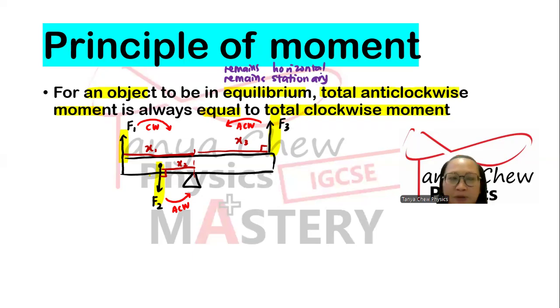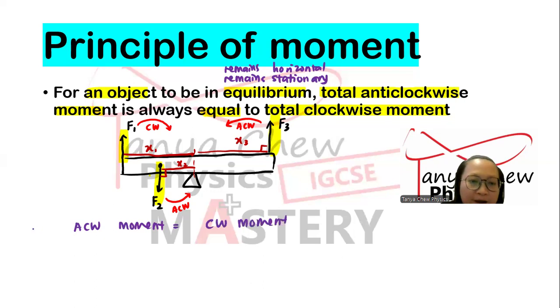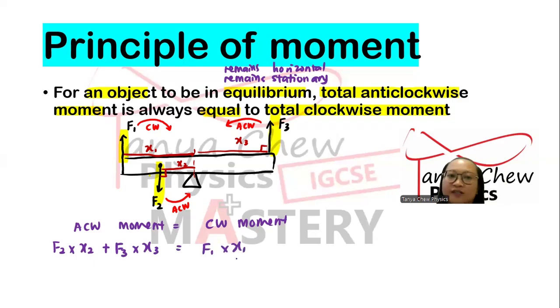So if the plank remains horizontal, you can use the principle of moment: anti-clockwise moment is equal to clockwise moment. Just put everything anti-clockwise on the left-hand side, which is F2 times perpendicular distance x2 plus F3 times perpendicular distance x3, equal to F1 times x1. Ta-da! Then you just substitute the values that you have to find the unknown.